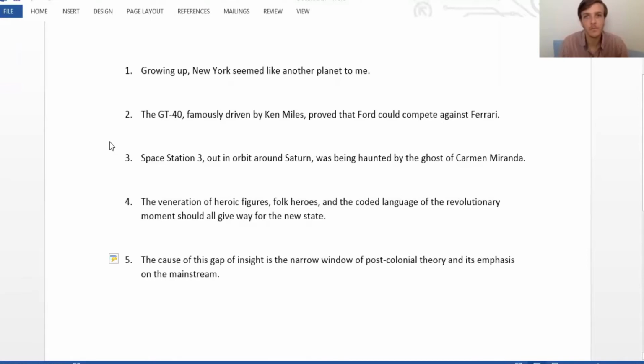So if New York is a simple subject, the complete subject would be growing up New York. And so when we think about it like that, we're not talking about New York growing up. We're talking about the person growing up. And so if it doesn't make logical sense, we should just change the subject there. Growing up, and then we have to change our verb, or I thought New York was another planet.